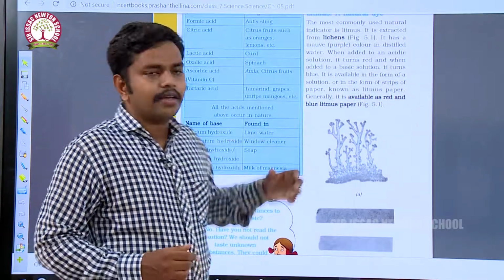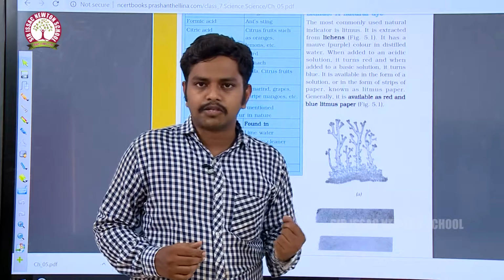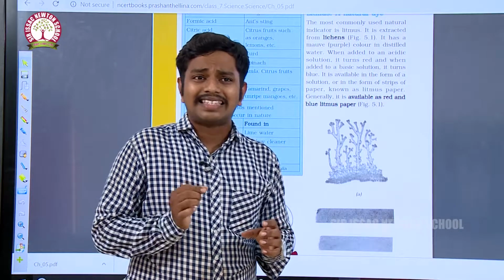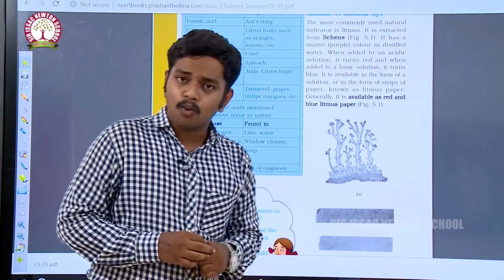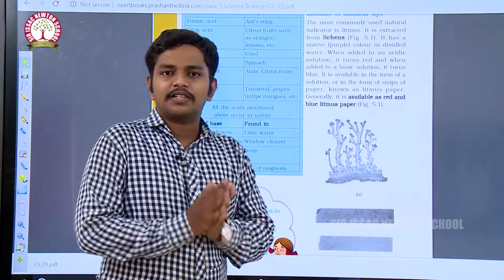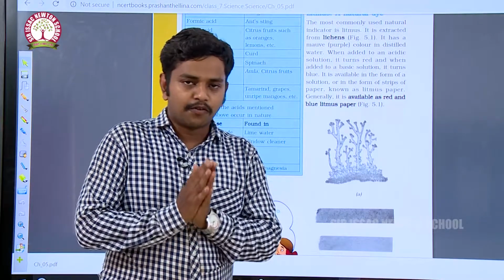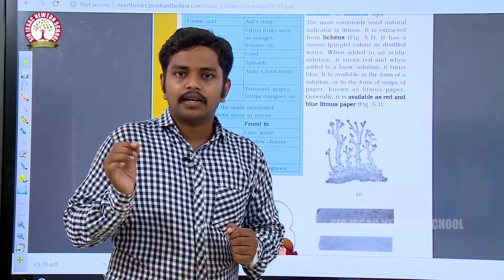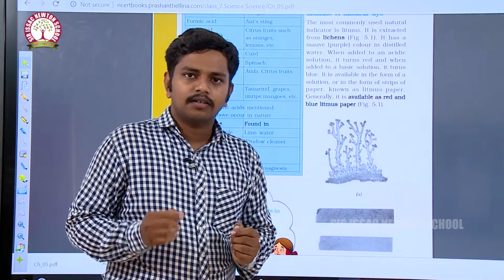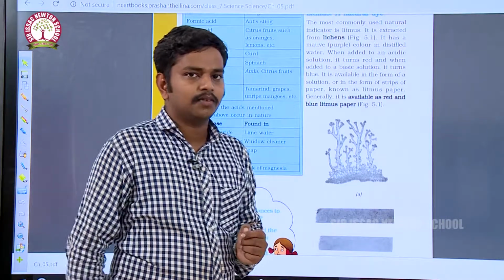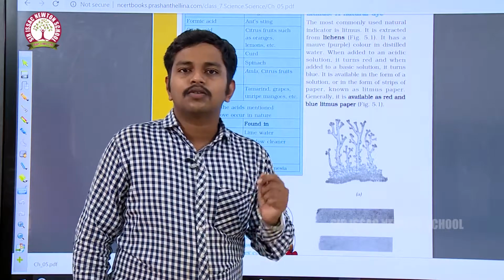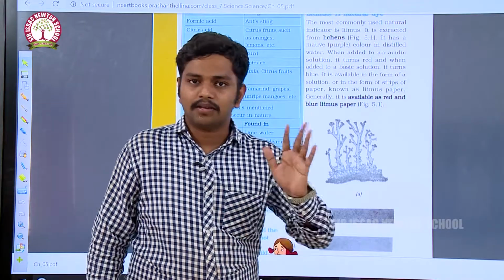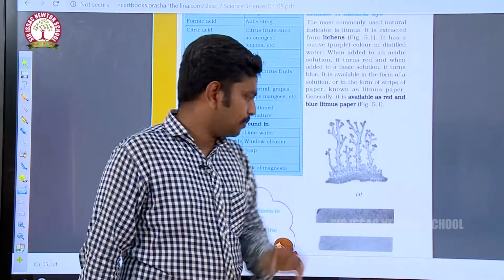Suppose I take sodium hydroxide solution and insert blue litmus paper, obviously there is no color change. Instead, I take red litmus paper. The color will change. Why? Because sodium hydroxide is a base. Am I right? Good.